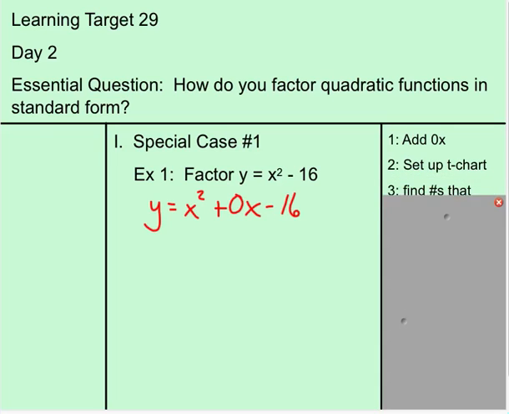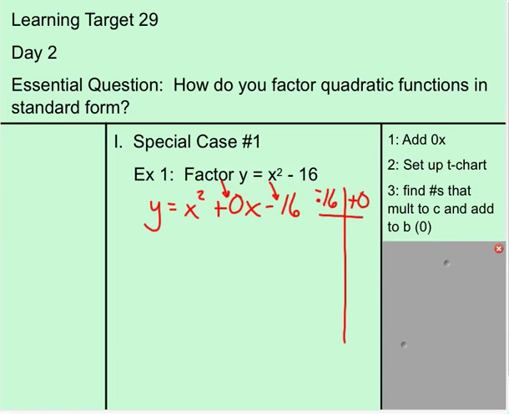Now we've got all three terms, so we can set up our t-chart. Remember, what multiplies to our constant, negative 16, and adds to that middle term of 0. So we have to find two numbers that do that. What multiplies to negative 16, we need one positive number and one negative number.